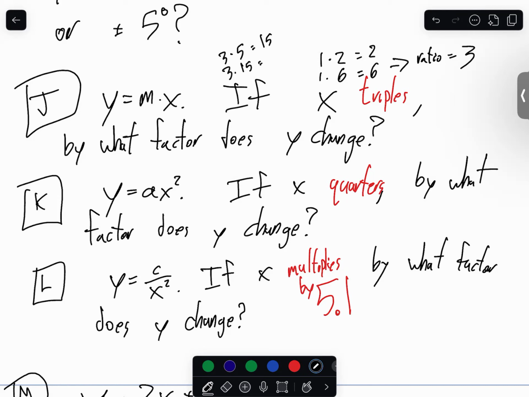Well, 15. What's 3 times 15? 45. What's the ratio? The ratio is 3. It doesn't matter the numbers you use, as long as the formula only involves multiplication, division, and powers. Then you can throw away those constants and let them be anything you want. The ratio is tripling.